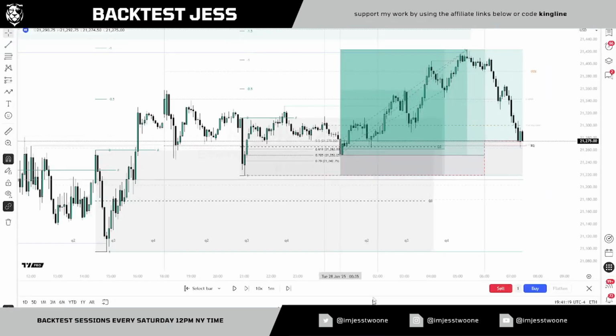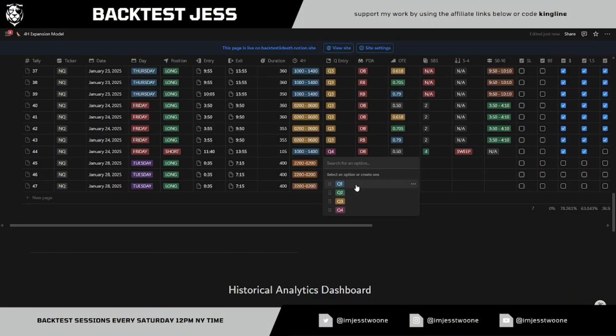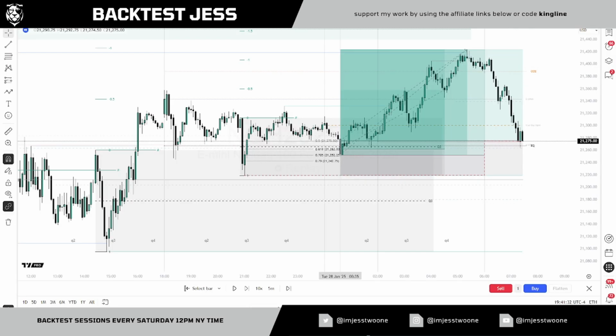And we enter this trade during Q1. And I think all of them are OB entries. Yes. Well, hold on. Okay, the first 2 entries I will call inversion. The last entry I'll say the OB.